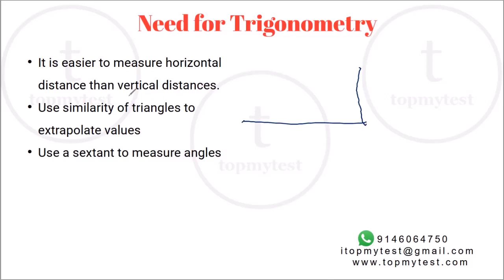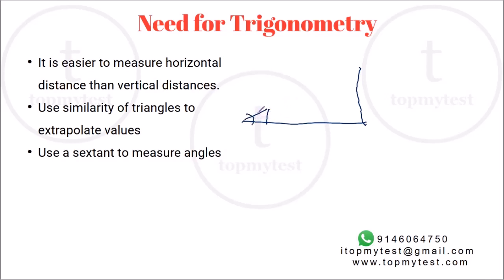Now, trigonometry uses the concept of similarity of triangles to extrapolate values. So let's take a simple example. Suppose I have to find the height of this tree or a building or something like that. I can reduce this triangle to a smaller triangle, right?